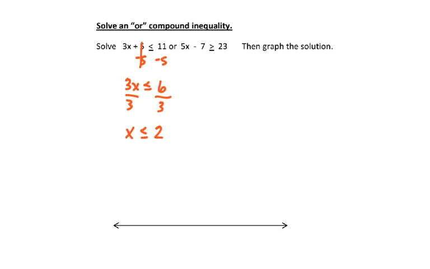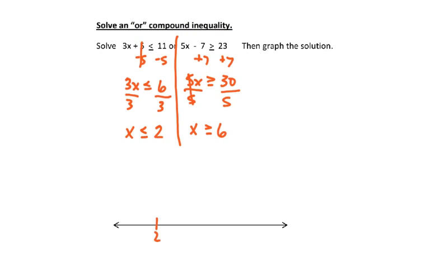Then on this side, we're going to add 7. 5x is greater than or equal to 30. Divide by 5. X is greater than or equal to 6. So let's check this out. We've got 2, 3, 4, 5, 6, and then I'm going to go out one more for good measure.